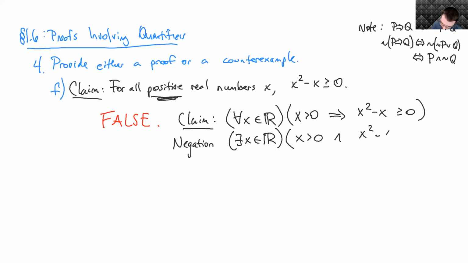So the negation of this statement would be x squared minus x less than 0. Just swap that inequality sign. Okay, so that's my negation.